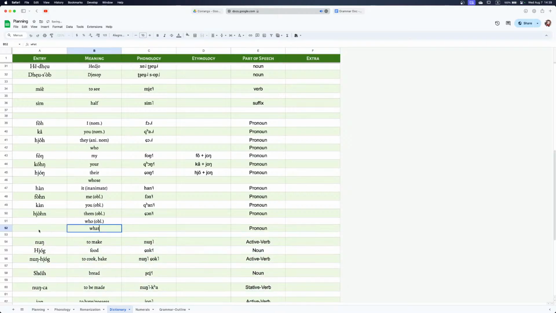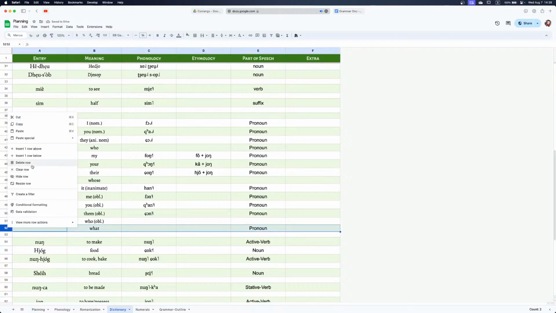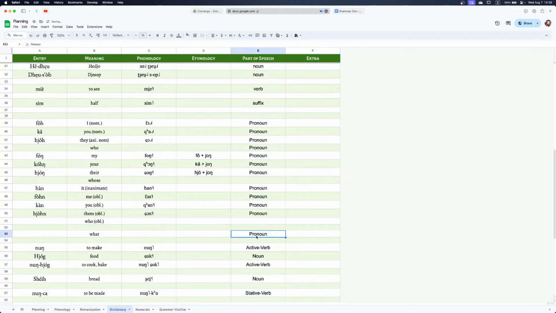And then what will function more like a noun.